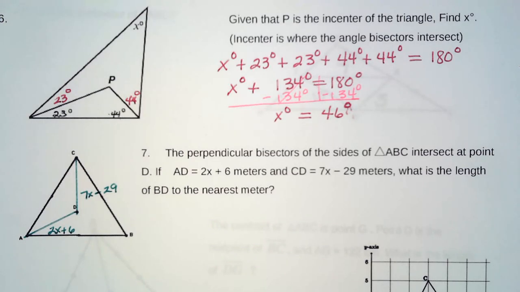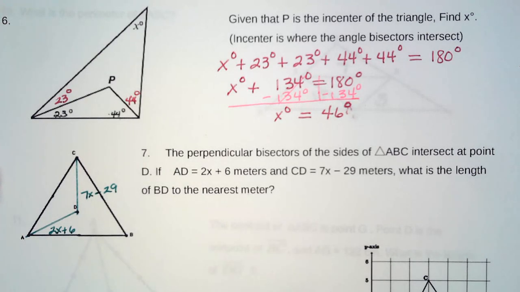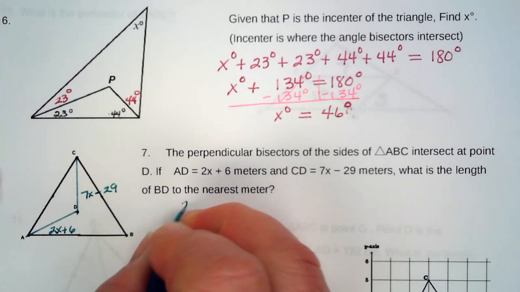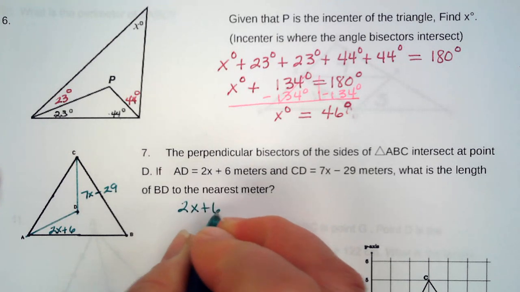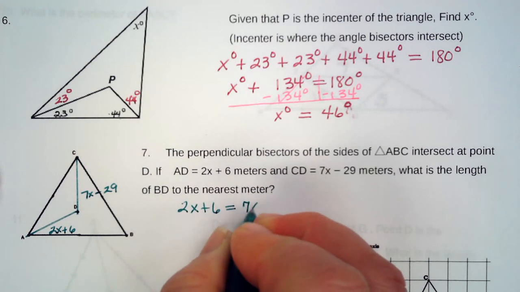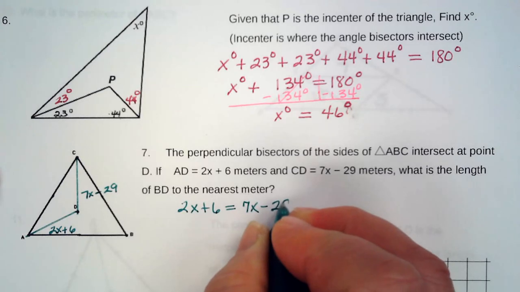Well, they're congruent, because where the perpendicular bisectors intersect, it makes those lines all congruent. So we actually know that DB is going to be the same length as these other two. So 2x plus 6 has got to be equal to 7x minus 29.